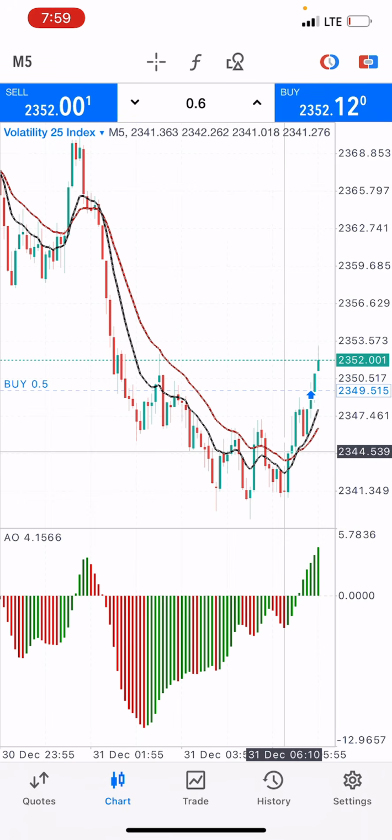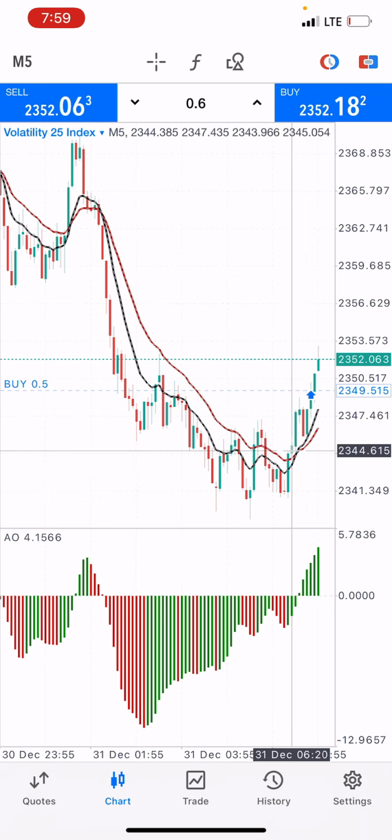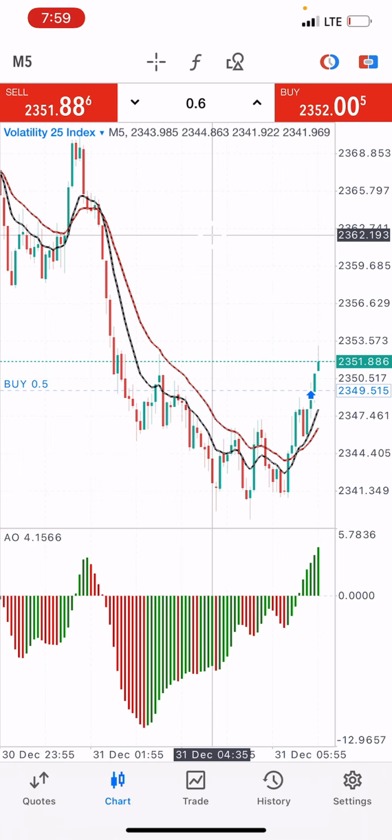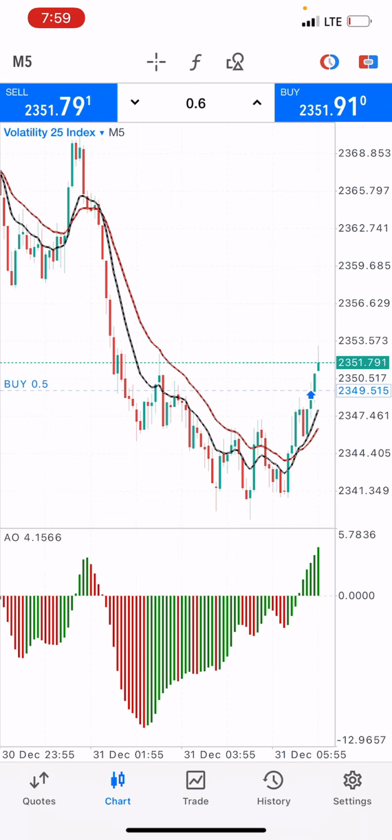Look, this is the awesome oscillator and this is the moving average. That is all the indicators you need for this strategy. You can see it's on profit. I'll show you now how you can use this strategy to start making money. It's a very simple strategy.